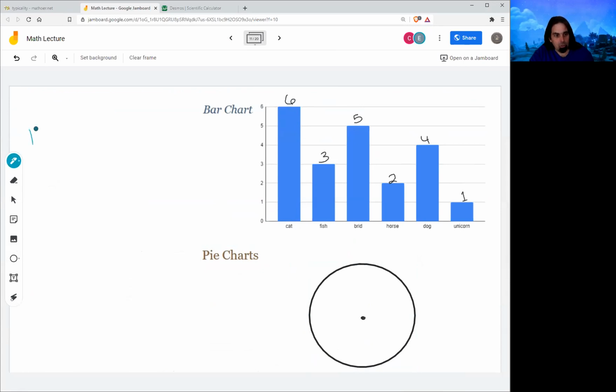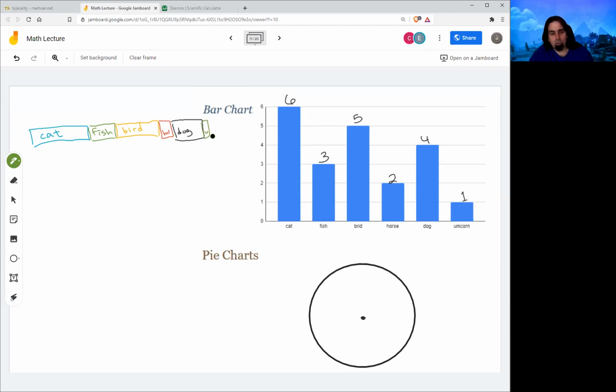So I will have the bar for cat that's longest, and the bar for fish that's half as long, and the bar for bird that's almost as long as cat, and the short little bar for horse, and a bar for dog, and then a very narrow little bar, I'll use green again, for unicorn.